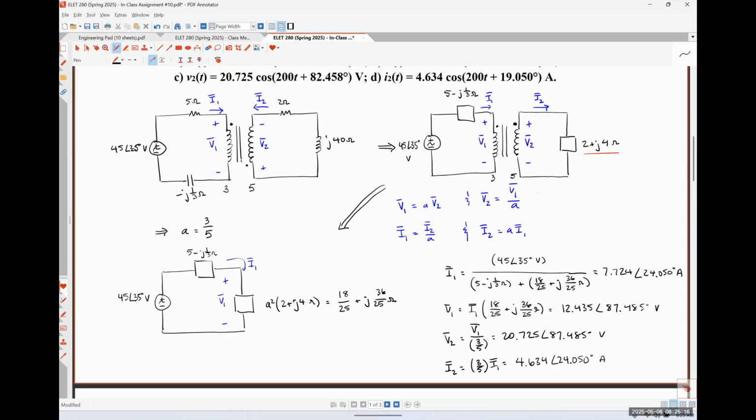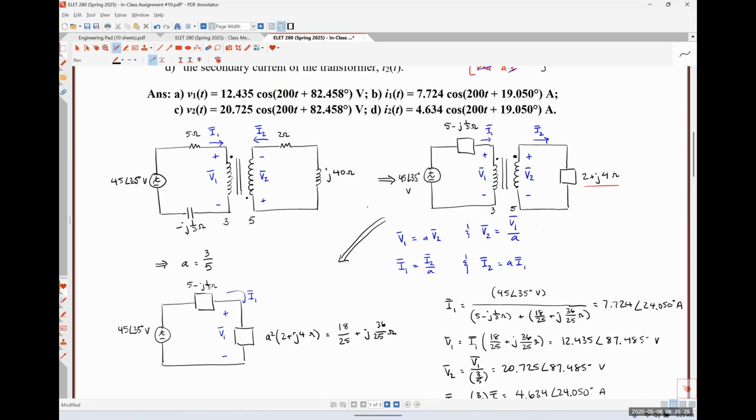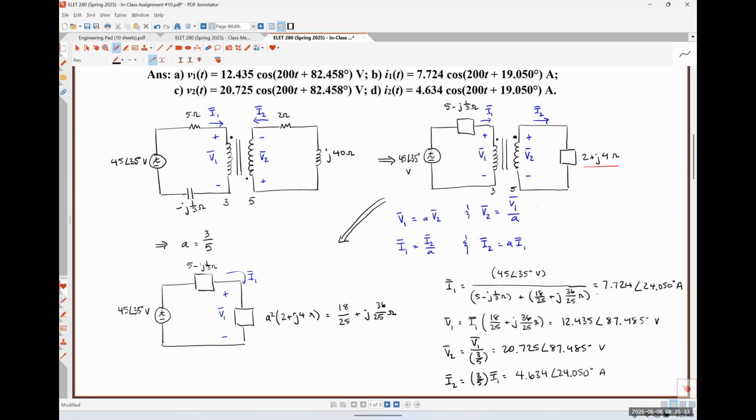For what it's worth, technically we wouldn't be finished with this problem. We would have one more step to do. And that step would be converting these signals from the frequency domain back into the time domain, which is where these answers are. So that's literally just taking that magnitude, taking that phase angle, and adding back in the cosine 200t plus part.